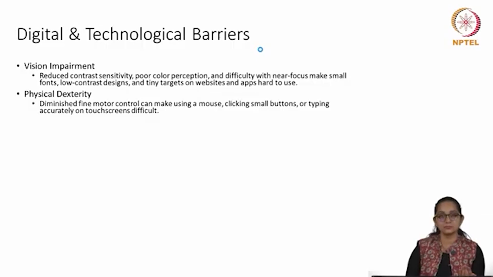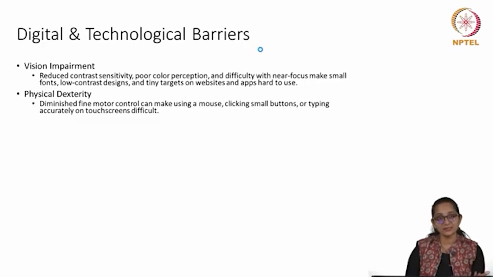So, reading length and reading distance: it is very difficult to read at a reading distance, and they are unable to read small text or small fonts because of near focus issues.